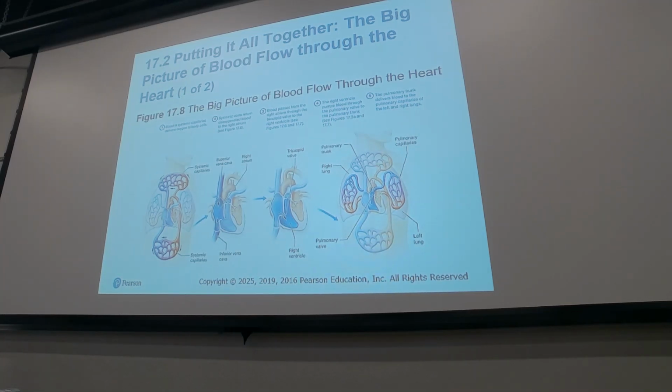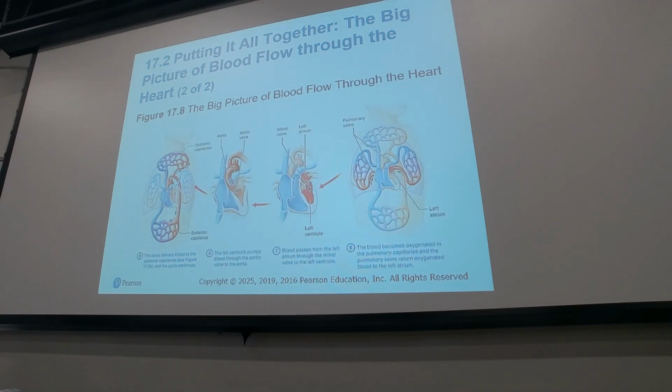Now, here we have blood flow put it all together. So blood goes into the lungs to be oxygenated, and then once the blood is oxygenated, it goes in this direction from the right side into these lungs, and it will return to the heart oxygenated into the left side so that it can deliver this blood through the systemic circulation into the capillaries of every tissue in our body.